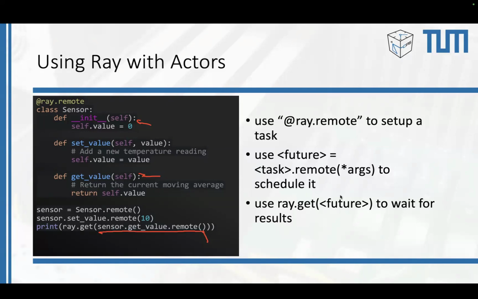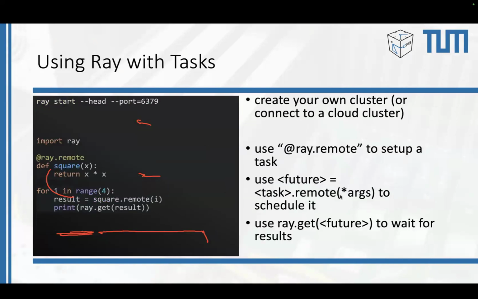You don't get the value yet. You get a future. You get a promise. And to explicit that promise, you need to get it with ray.get, and you now get the value out of the future, right? Whenever you call a method on an actor, or when you call a task directly, you always get a promise. So you always have to use ray.get to explicit it.